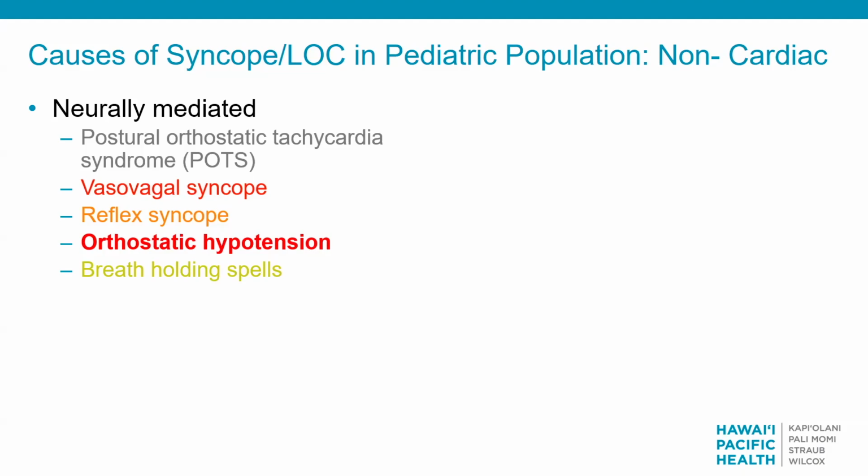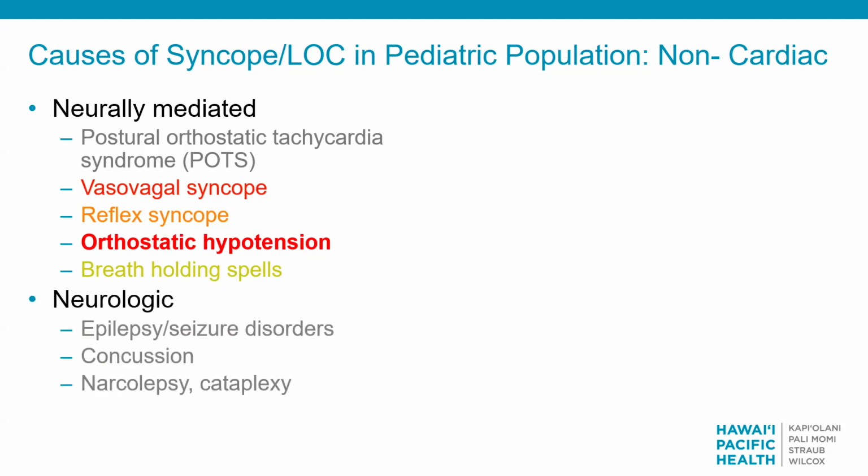So these are the most common. This group here is the etiology for 99% of syncopes. So if anything, it's good to memorize these a little bit. The others are less common. Concussion can cause syncope, transient loss of consciousness. Some seizure disorders don't cause 15 minutes of tonic-clonic seizures.